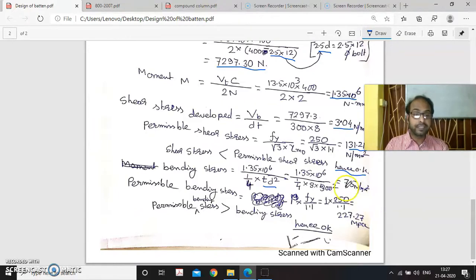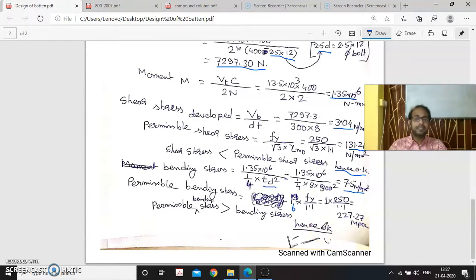So we have calculated it and it is 7.5 Newton per millimeter square, and the permissible bending stress is beta b into Fy by 1.1. So it is coming as 122.27. Beta b is equal to 1 because it is a plastic section. So it is okay. And the batten is safe against bending and shear.